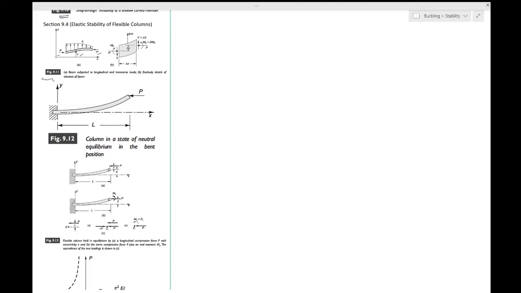Now if this particular element has to be in equilibrium, the first thing is the force equilibrium. If the length of this is delta x, there will be a change in shear force, and there will be a change in bending moment. So this is not d, it's a delta Mb. You can make this correction in the textbook.